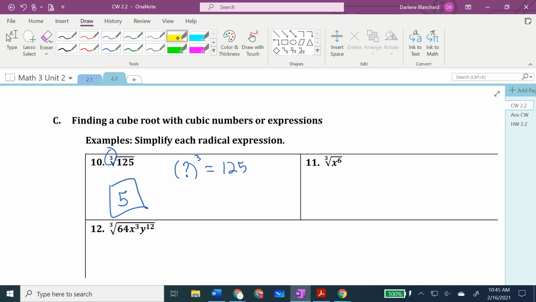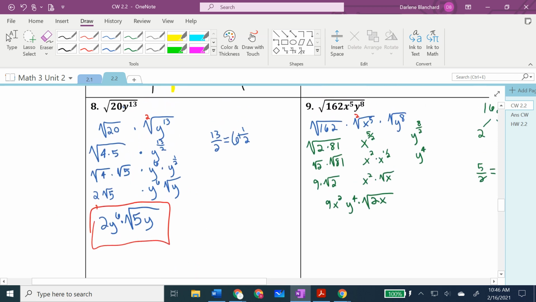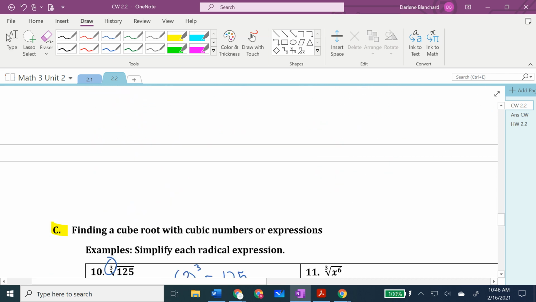So this letter C is when everything is going to come out nicely. Part D, you're going to have to watch the video for. And with that, it's how to deal with it, breaking it up like we did with part B, but with cube root instead of square root.